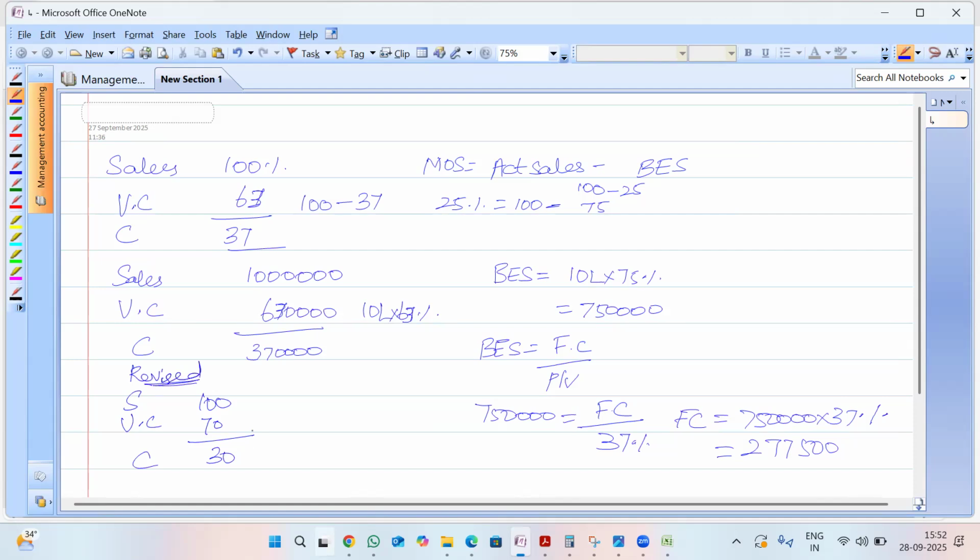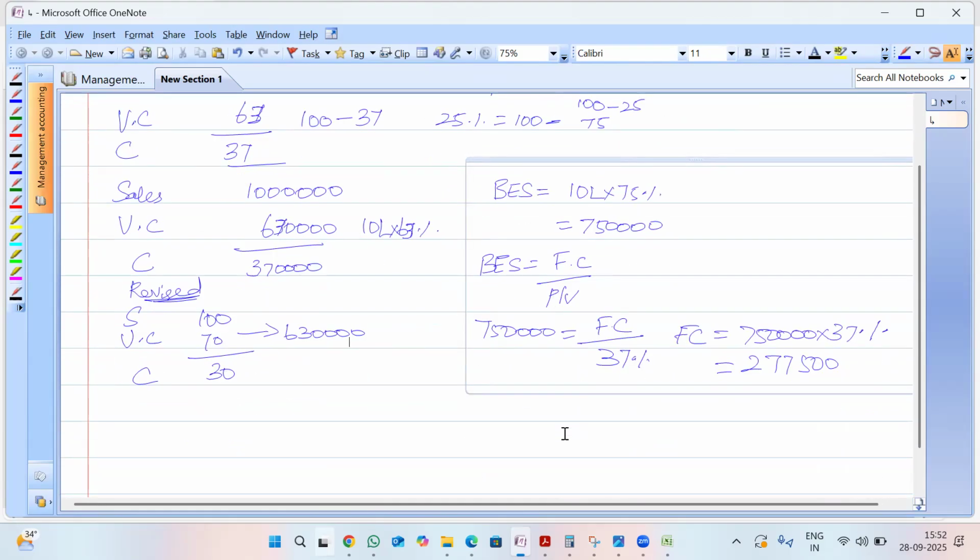So here there is a change in sales. That's why there is a change in contribution. But here there is no change in variable cost because there is no change in units also. So my total variable cost, the 6,30,000, will remain same at this capacity also. So here there is no change in capacity, there is no change in variable cost amount.